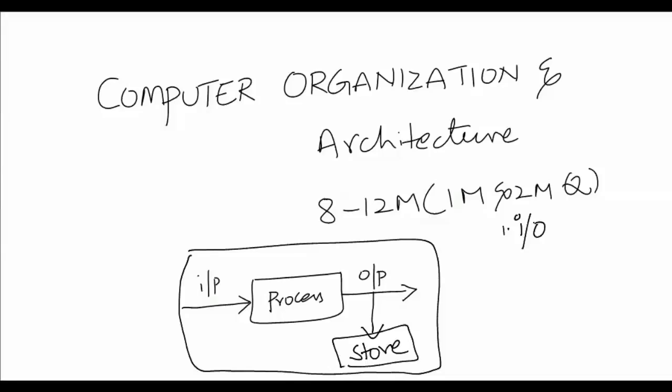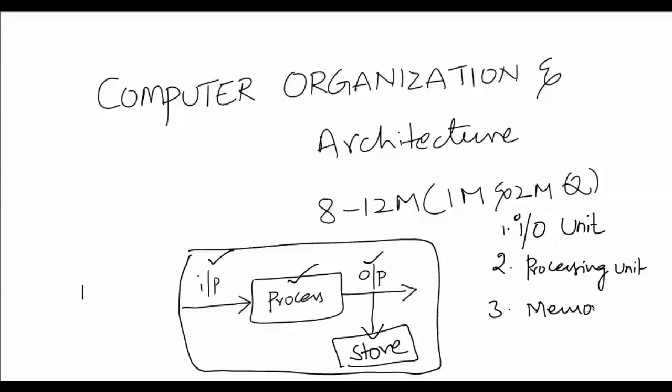They are input and output unit, processing unit, and storage unit, which we call memory. So in our subject we will be discussing these three components: processor, input and output unit, memory. How a processor works.